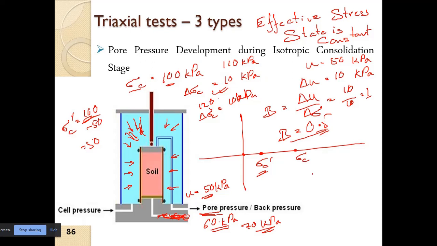In that case, if I increase sigma C from 100 kPa to 110 kPa, what will be the increase in pore water pressure? The pore water pressure will increase from 50 kPa to 55 kPa.